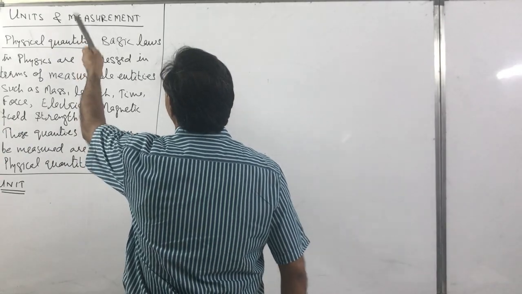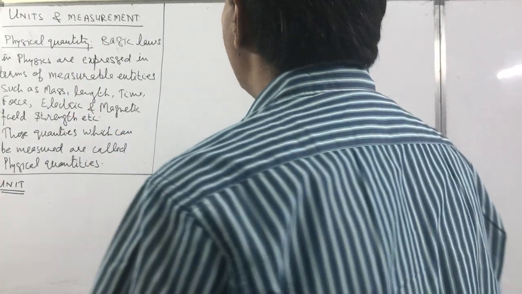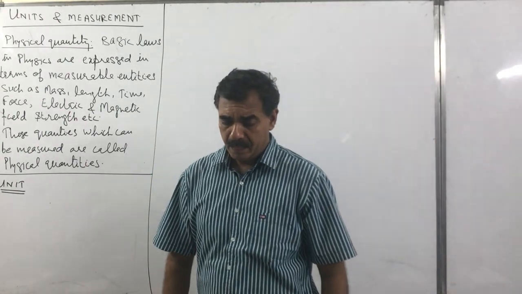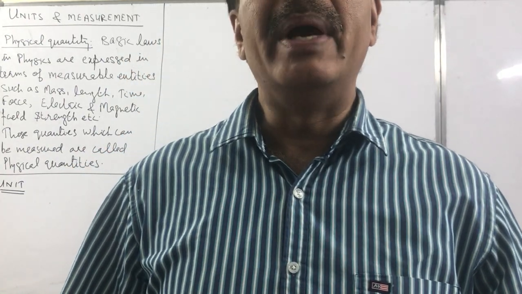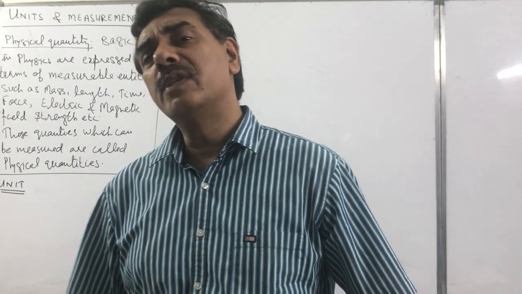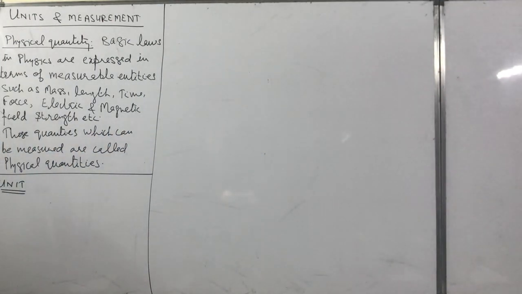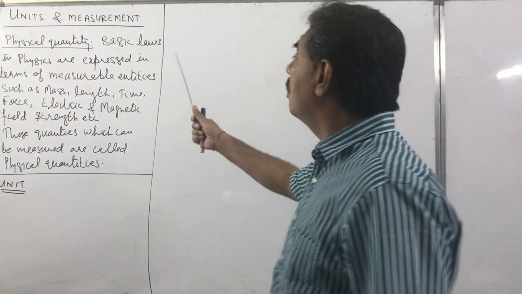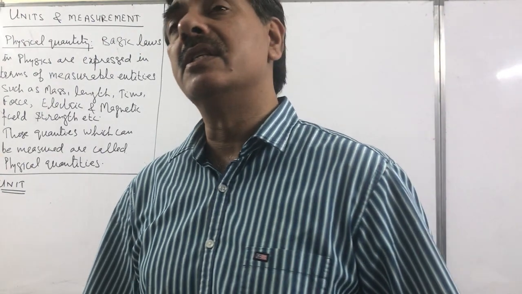Units and measurements. First of all, we ought to learn what we mean by a physical quantity. Anything that can be measured is called a physical quantity. The basic laws of physics are expressed in terms of measurable entities.